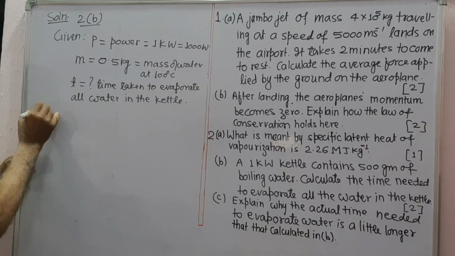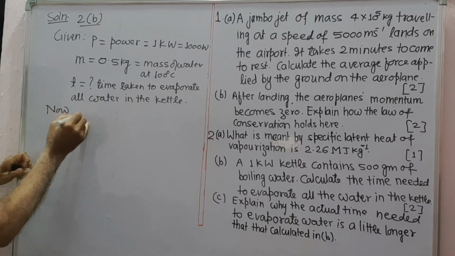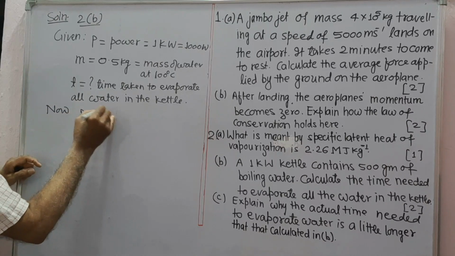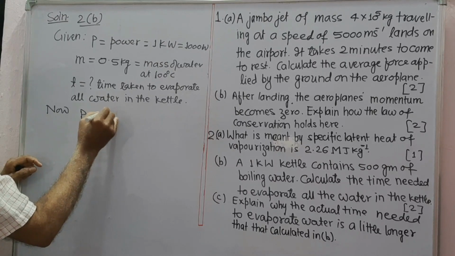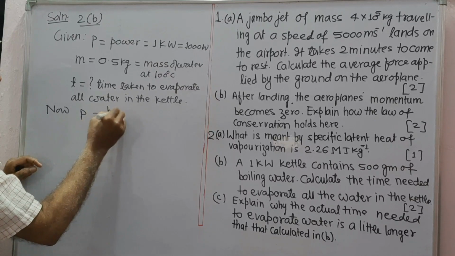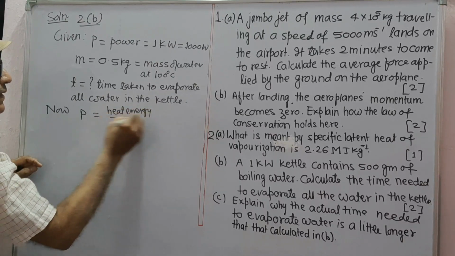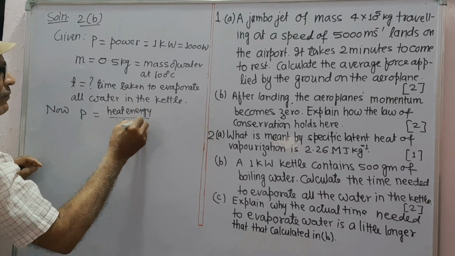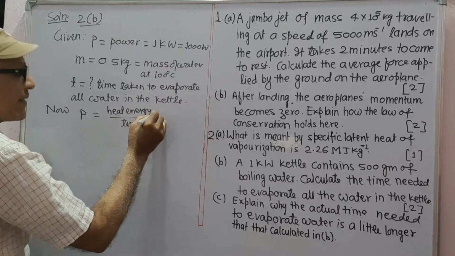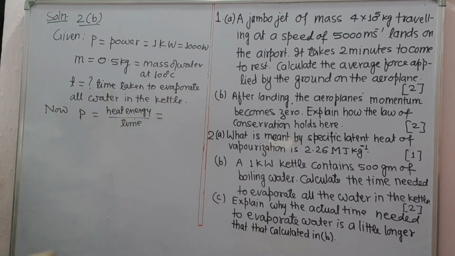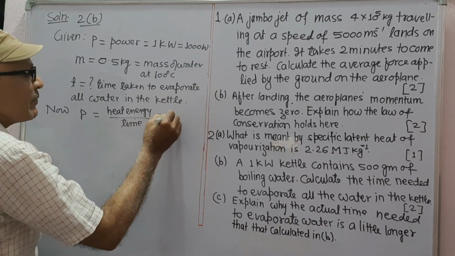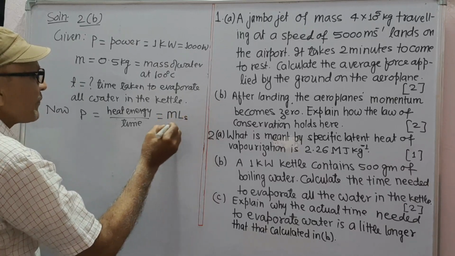Now power is equal to energy upon time. Here energy is heat. Heat energy needed to convert water at 100 degree Celsius into steam will be m into L of steam.